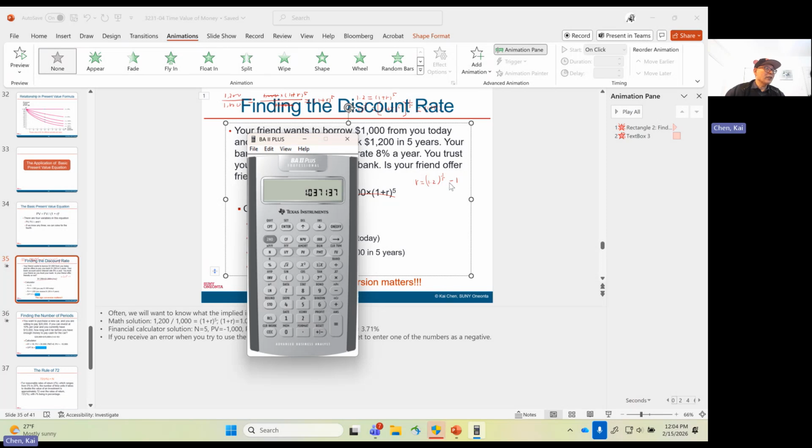Then we subtract 1 from the value of this, minus 1. Then we can get 0.0371337. This is in decimal, right? Usually when we express the interest rate, we use percent. In percent, that is 3.71%.